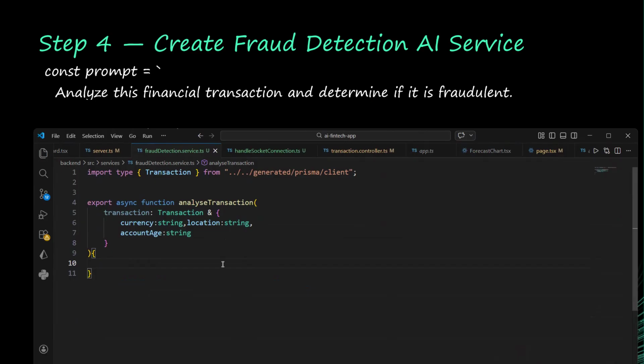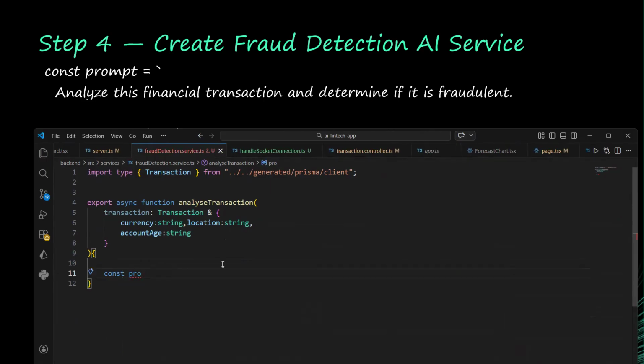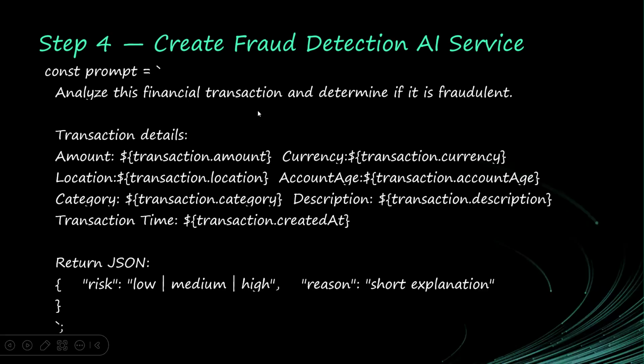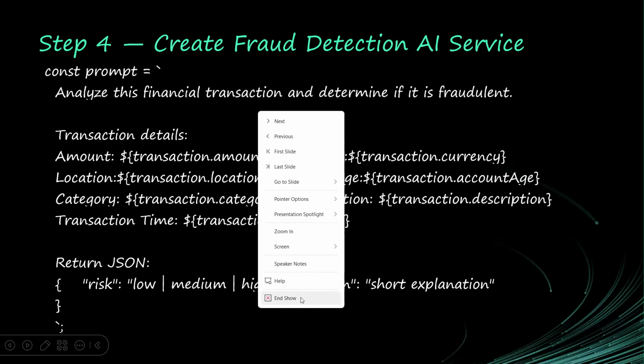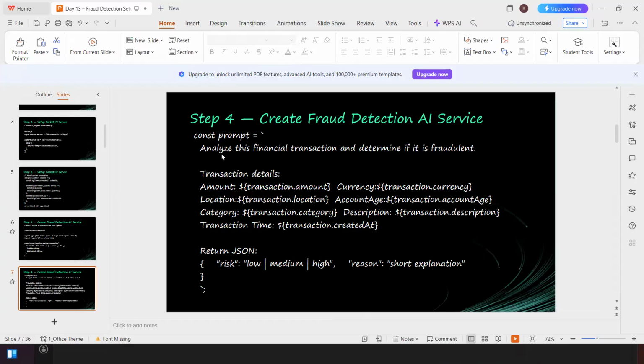Inside of my function, I will create a variable called prompt, and I'm going to use a template literal to create it. Maybe I should just copy it instead of typing. Let me just copy it.